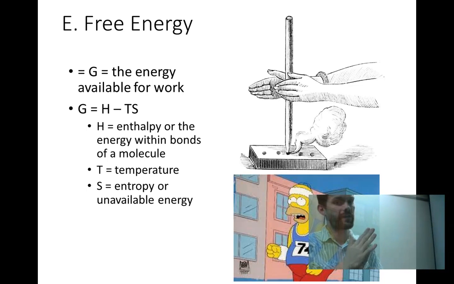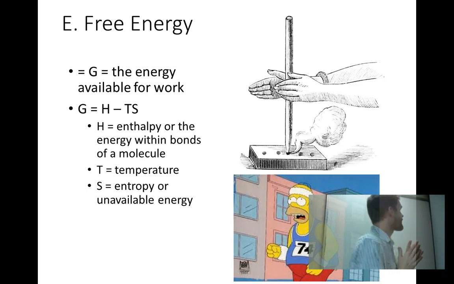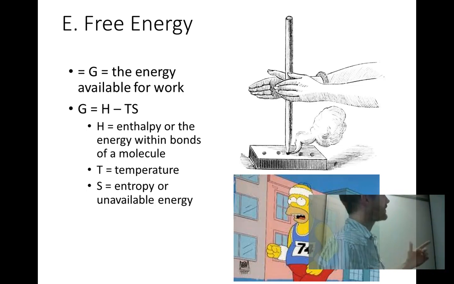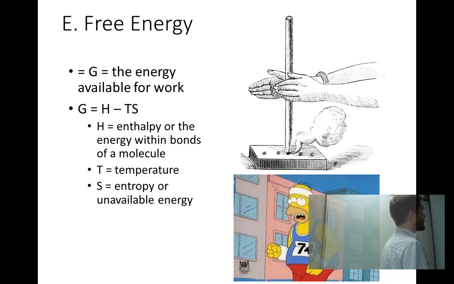So the example I have here is someone trying to start a fire by rubbing a stick against some wood. Here we're taking advantage of friction, which is caused by the spinning of the dowel on the wood.